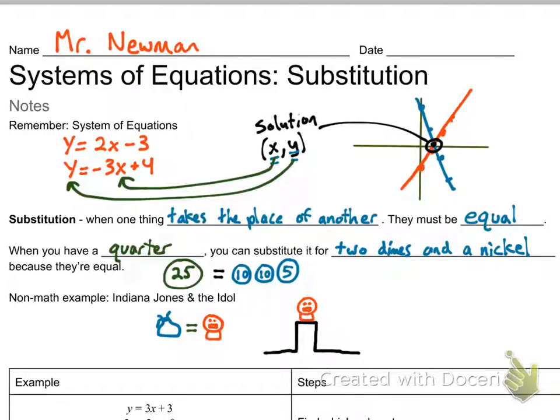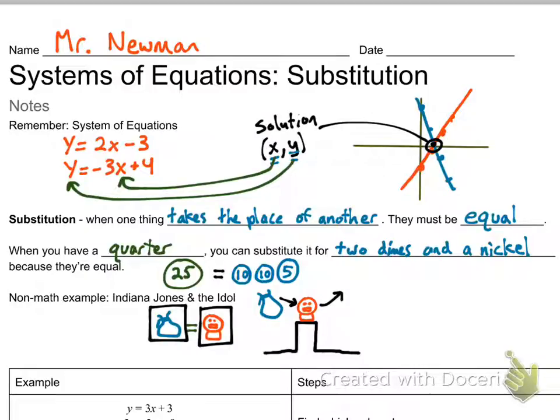So he takes the bag and swaps it out. That is substitution. He's substituting the bag of sand for the idol, so the pedestal thinks there's still an idol on it. That only works, like I said, when they're exactly equal. So I'm going to put a box around the idol and the bag of sand, and that's what we're going to do when we get to the math.